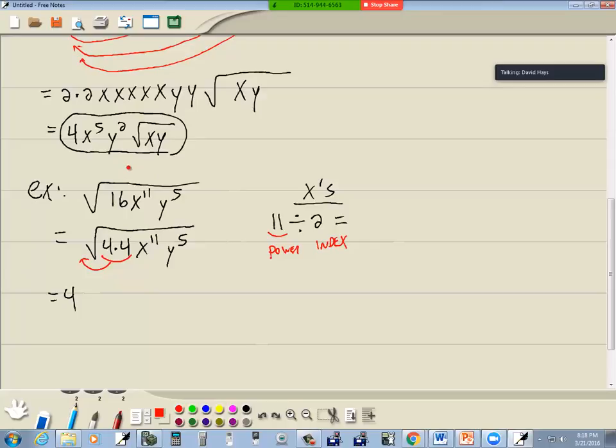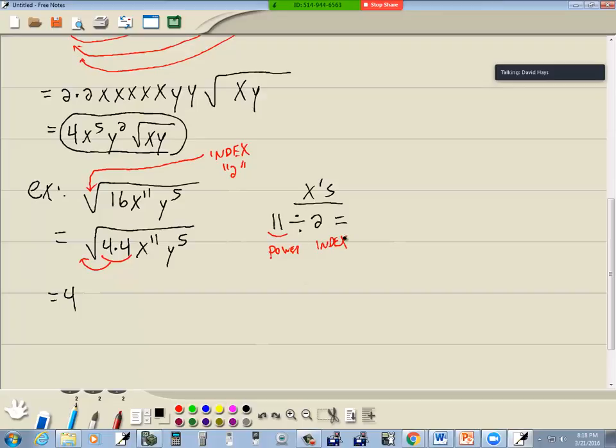Now if you're wondering where you get the index, the index is whatever number is in this little slot right here. And if there is no number in that slot, then it's by default 2. Square root, square, 2. So that's where that 2 comes from.